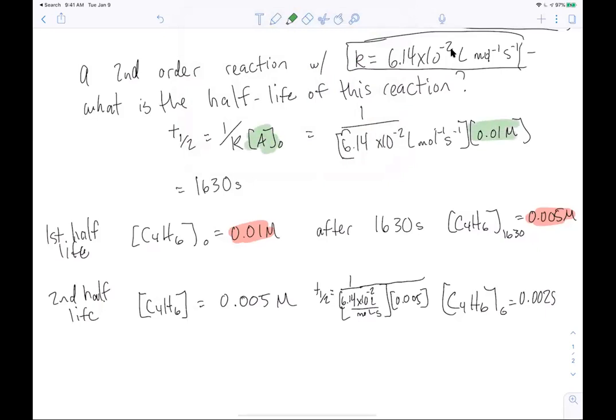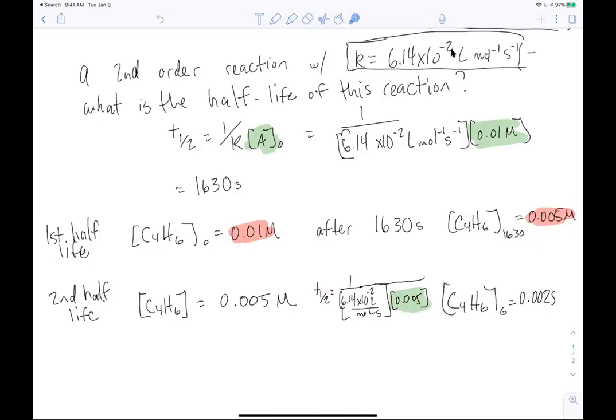So in the first one, we have T1 half is equal to 1 over K times the concentration. So K is constant, but the concentration is changing as this reaction goes forward. And so in the second one, now our concentration is 0.005. So we expect T1 half to be different because we're multiplying times a different concentration.